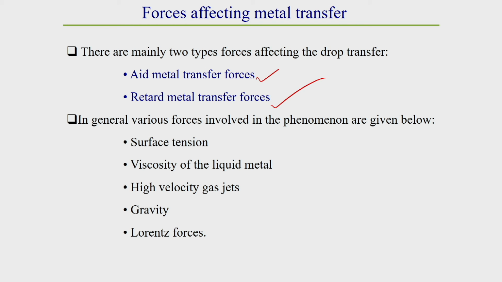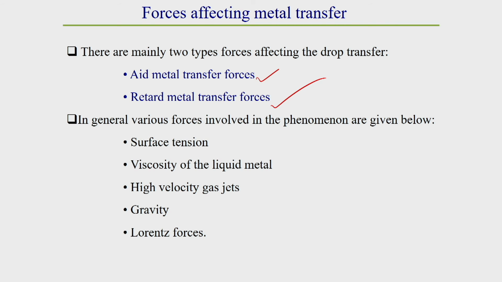Aid metal transfer forces are those forces which help to detach the droplet from the electrode and help to transfer that drop from electrode to workpiece. That means the forces which help for metal detachment as well as transfer are called aid forces.